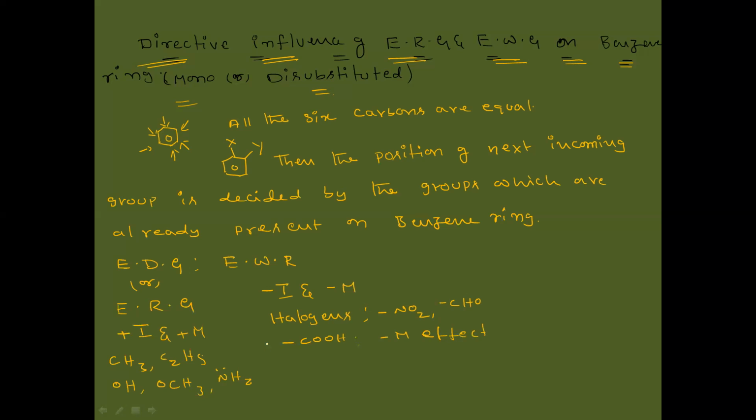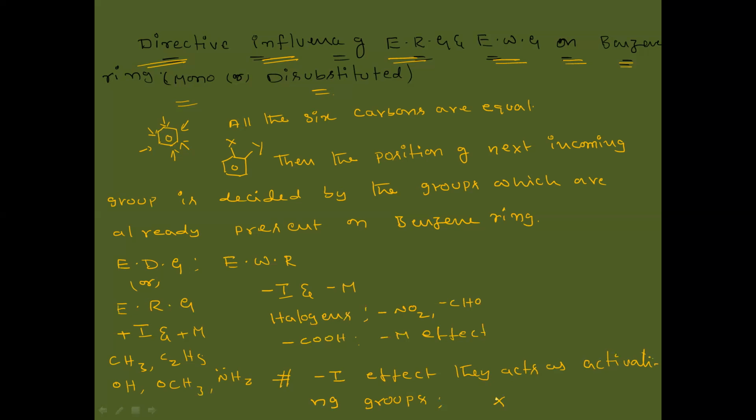But here we have an exception. Even though the halogens show minus I effect, they orient the next incoming groups at the ortho and para positions. So what is this exception because of?